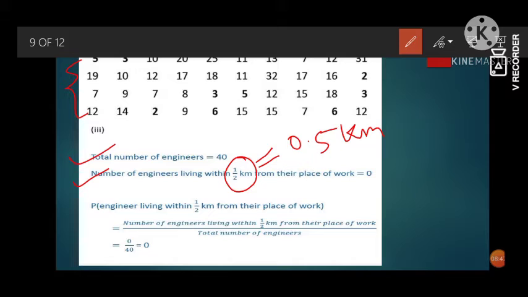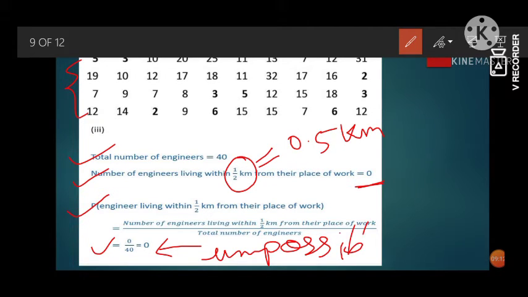The number of engineers living within half a kilometer is 0, as there is no such engineer in our raw data. So the probability will be 0 by 40, which means 0. Such an event is called an impossible event.